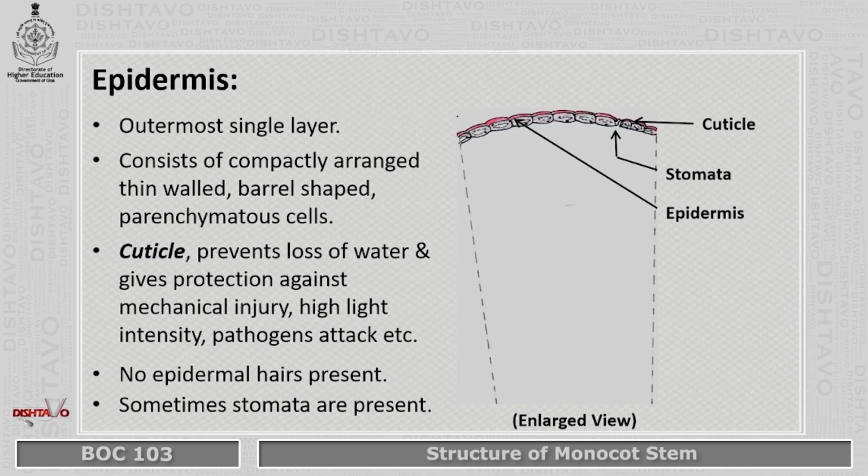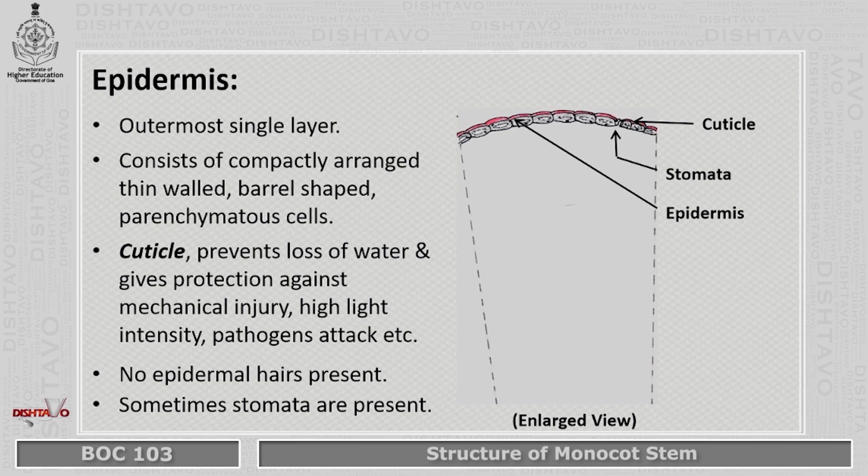When we look at enlarged view of the section of monocot stem, we see outermost layer is epidermis. It is single layered. It is made up of compactly arranged, thin walled, barrel shaped parenchymatous cells. These are living cells. On its surface, we see presence of cuticle. This cuticle is a waxy coating of cutin.